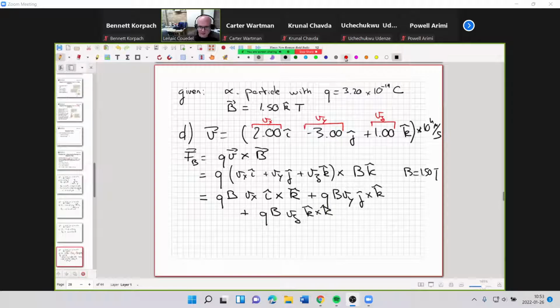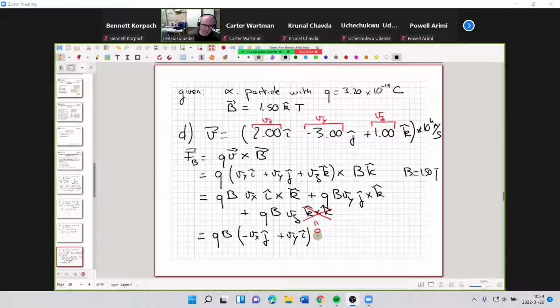Okay, so this last term is equal to 0 because K is obviously parallel to itself. So you end up with QB as a factor in front of everything. I hat cross K hat is equal to minus J hat, so you have minus Vx J hat. And J hat cross K hat is equal to I hat, so plus Vy I hat.